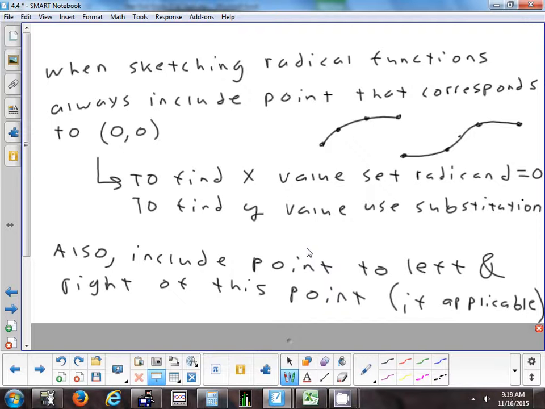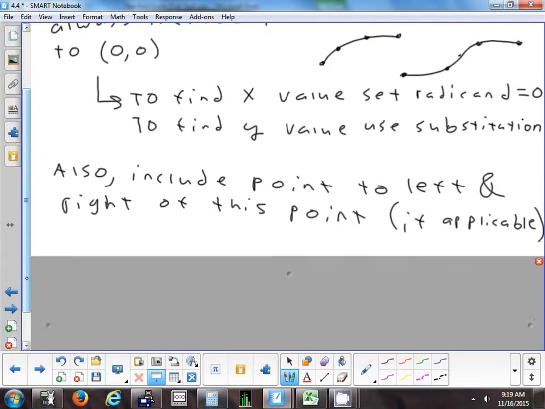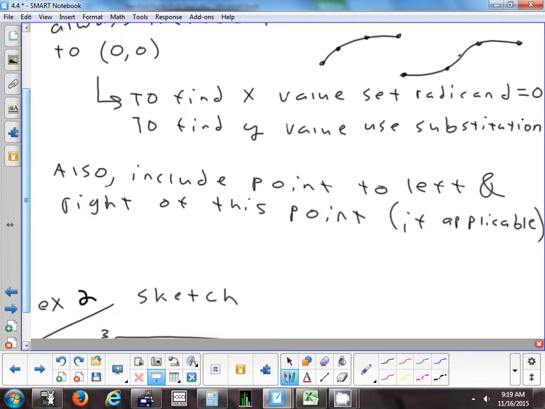You can use the table on your graphing calculator to do that. But just remember, odd functions, both directions. Even, one direction. That's it for graphing. So let's just try one odd and one even.